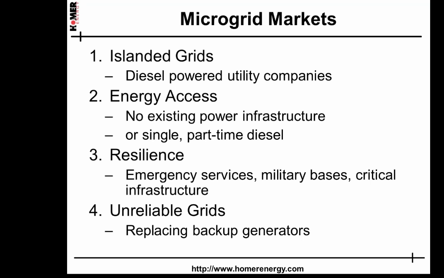The interesting growing market now, we call it resilience, is here, especially here in the U.S., especially in the Northeast, where they've been battered by some storms and had power outages that lasted a week or more. The military can't tolerate that kind of outage, but not just the military, any critical infrastructure emergency service.